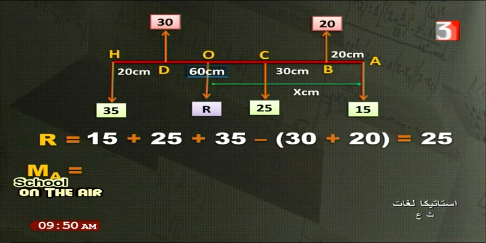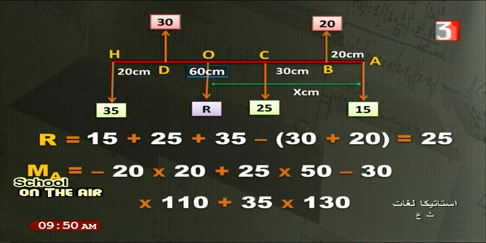After that, to calculate the value of x, we find the moment at A. Using the rule of the moment, how many forces act and have a moment? We have 5 forces.